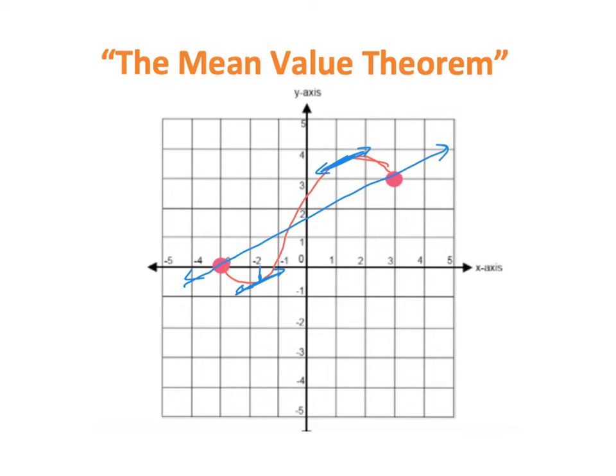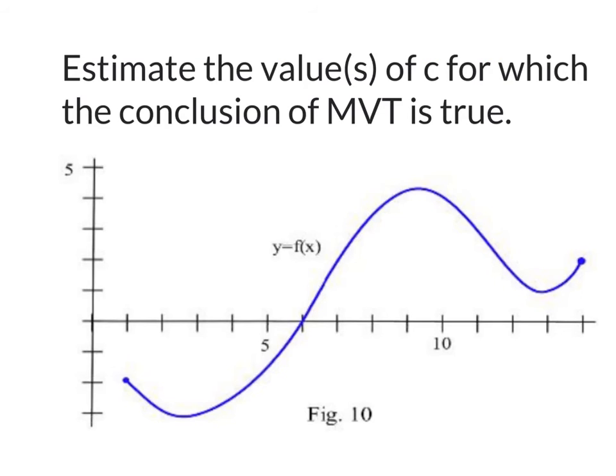But before we get to the formula, let's look at the graphical interpretation of this again. So here it says estimate the values of c for which the conclusion of MVT is true. So notice we have different outputs, doesn't matter. But if I were to draw a secant line through those 2 points, it looks like there's potentially 3 places that there might be a tangent slope that's parallel.